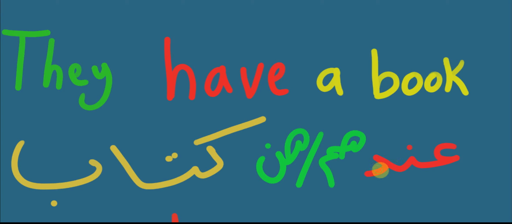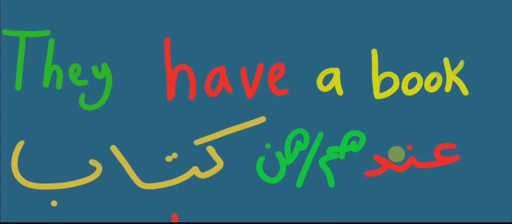عند as we talked about, عند is in this context equal to have. هم if you say عندهم, this hum indicates a third person masculine. Third person plural masculine. So you say عندهم. Third person plural feminine is هن.